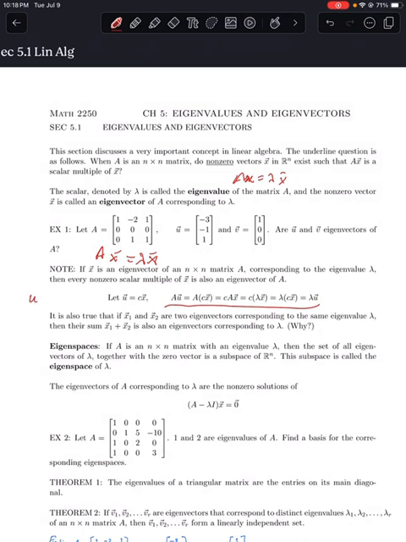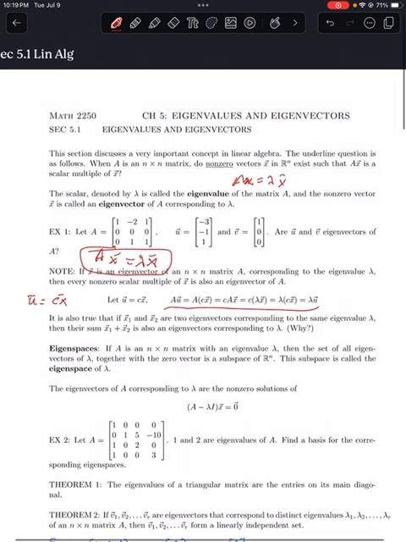Now let's say we have another vector u, which is c times x, meaning u is a scalar multiple of the vector x. Then this u is also going to be an eigenvector of A.